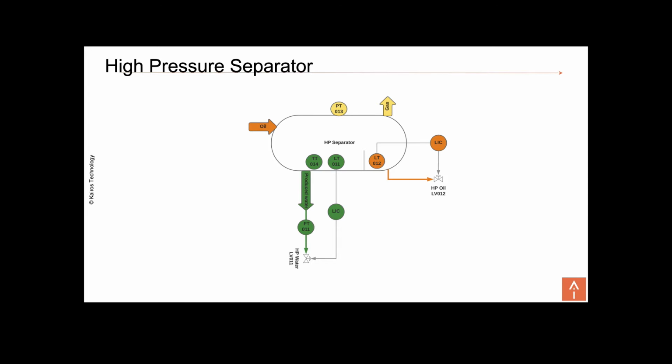We have a level transmitter for the water, a level transmitter for the oil, and a pressure sensor for the pressure in the separator. There is also a temperature transmitter and a flow transmitter for the water exiting the separator.